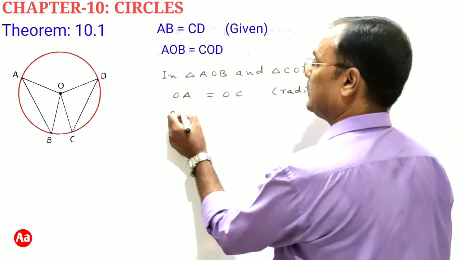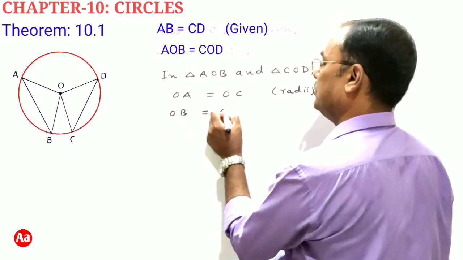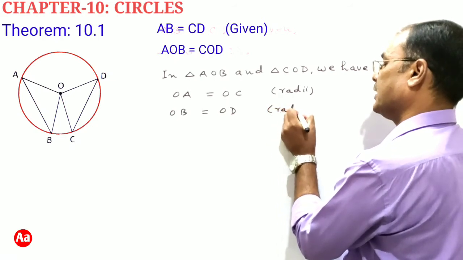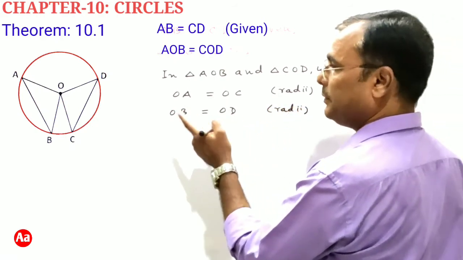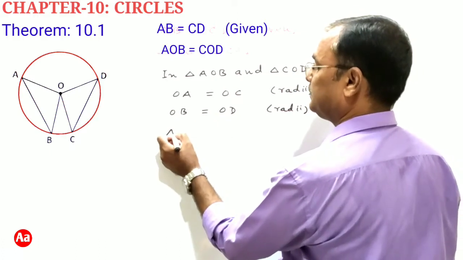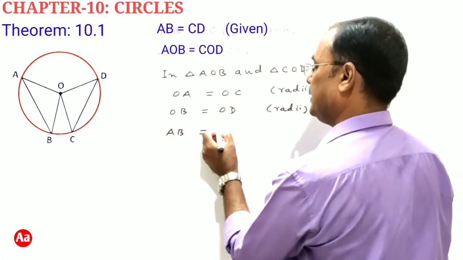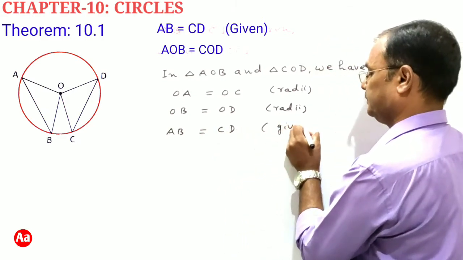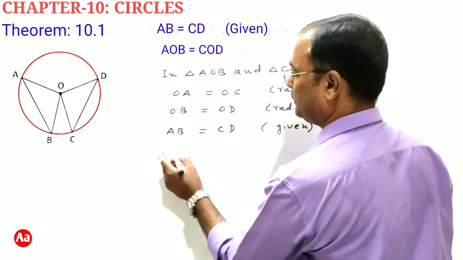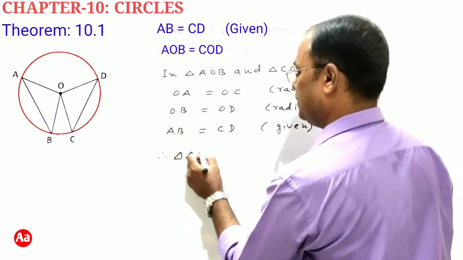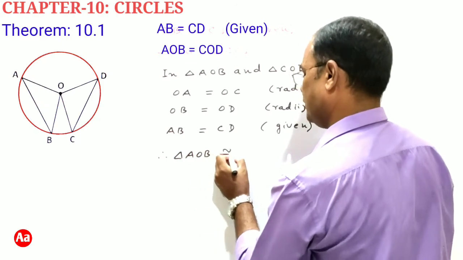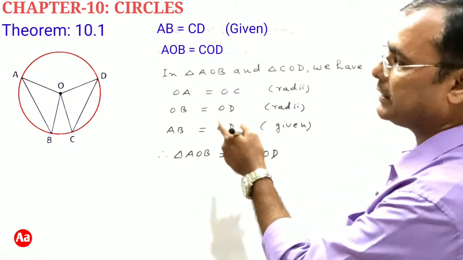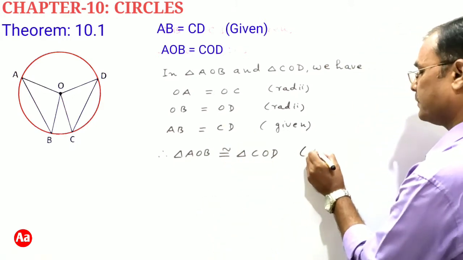OB is equal to OD, again radii of the same circle. AB equal to CD, it is given. Therefore, triangle AOB is congruent to triangle COD by side-side-side congruence rule.